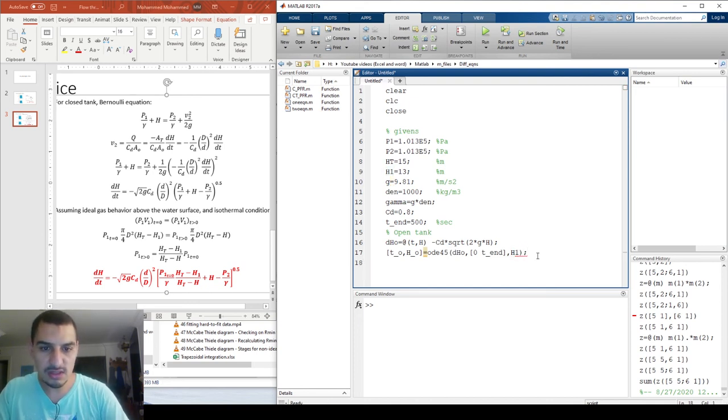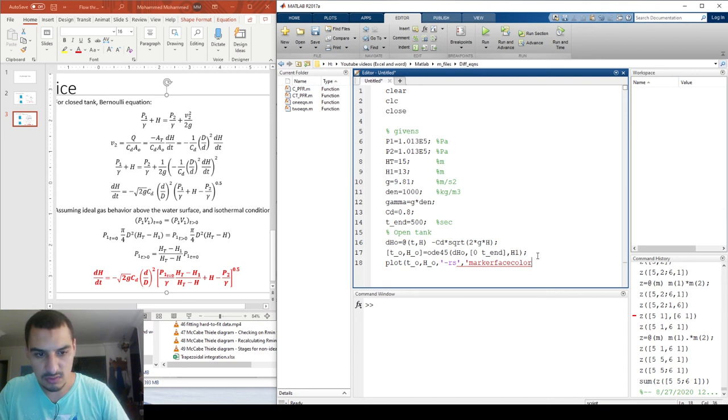I don't want to see the numbers, I want to see the plot. So I'm gonna ask it to plot the t open versus the h open, make it red and solid, and put square markers.